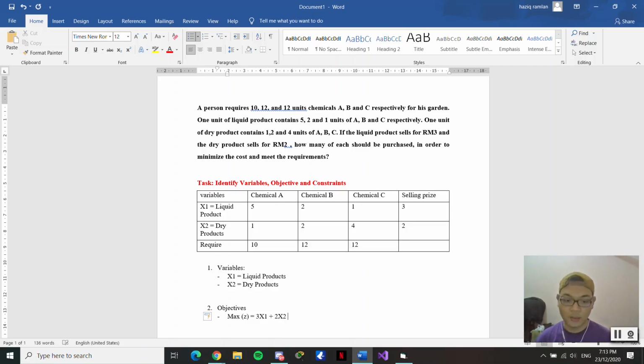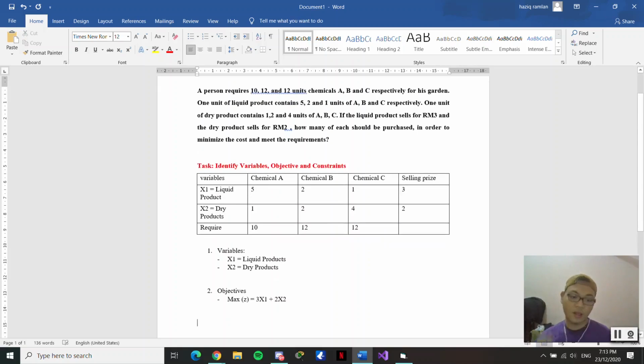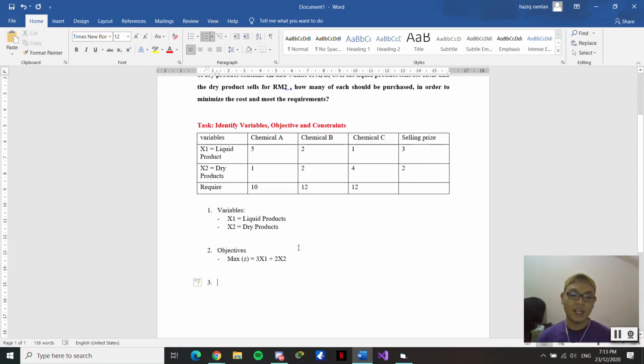So we're going to begin with the third one, which is the constraint. This is the last question. For the constraint, how to do it is very simple. We're just going to turn it into a linear equation.